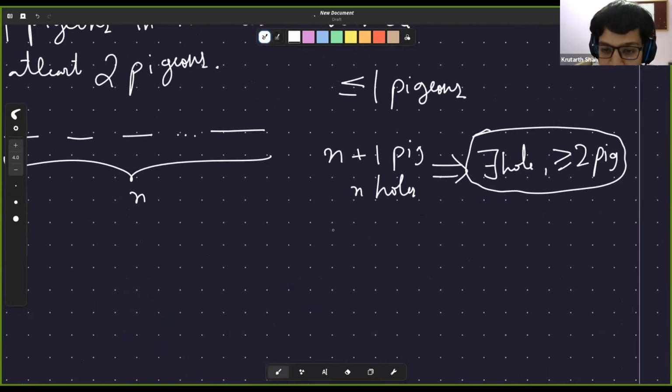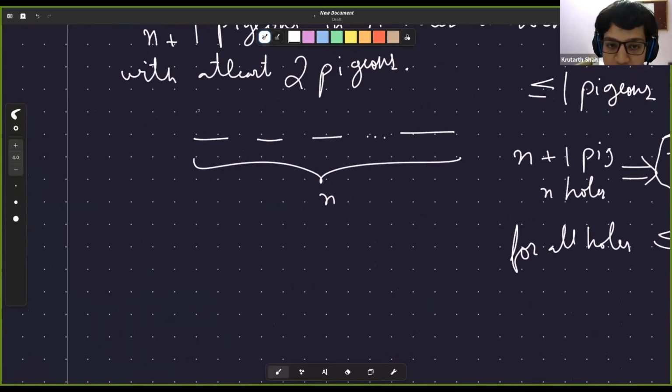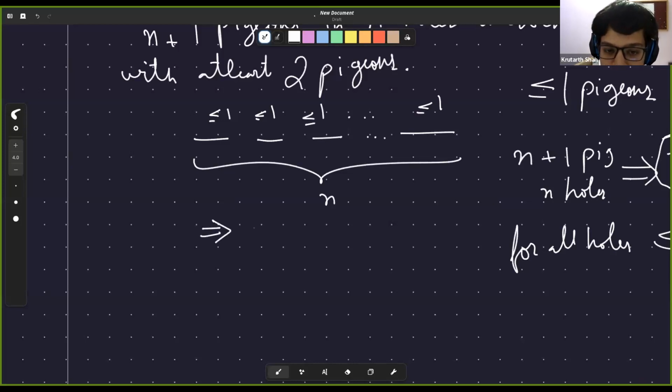So that means that you need to assume that for all holes, there is at most one pigeon. So there is at most one pigeon here, at most one pigeon here, and so on. But then since there are only n holes, we could have at most n pigeons.